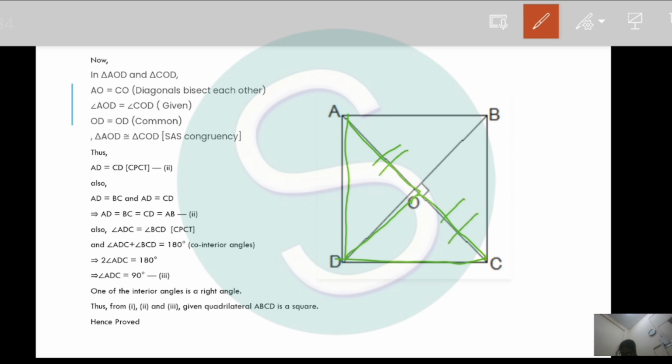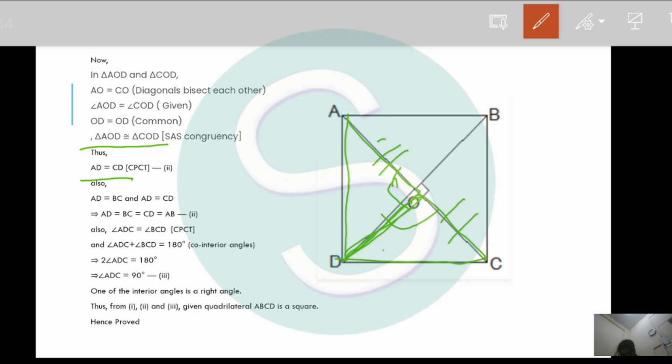Also, since diagonals bisect each other at 90 degree, so this angle AOD is equals to COD, 90 degree, and OD is our common side. So side angle side congruency से we can say AOD is congruent to triangle COD.